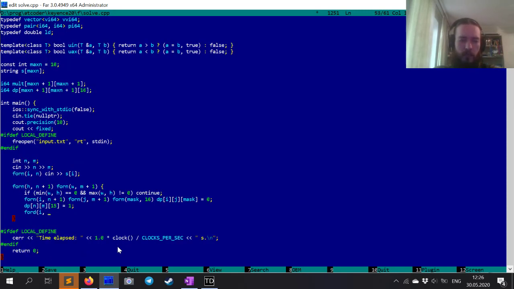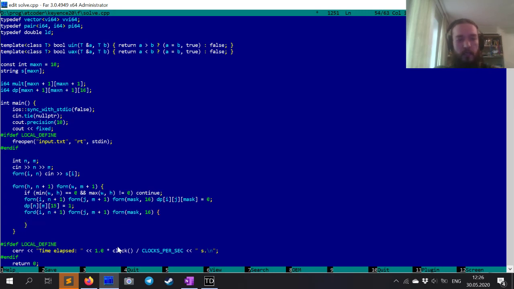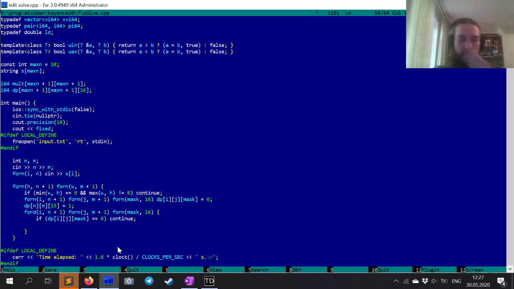So we want to go by decreasing, so let's decrease all of that, and then mask is whatever it is. All right, so in this state, just to avoid some unreachable cases, if this case is not legitimate and it cannot be reached, then let's just not do anything.